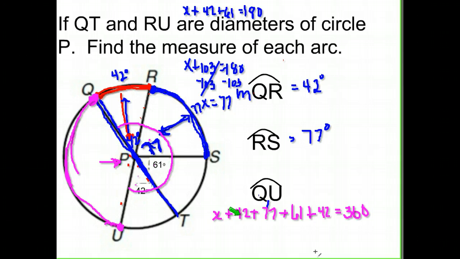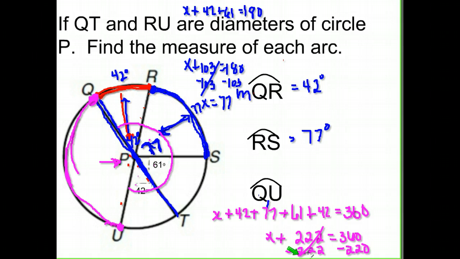Okay, so let's total the ones we know so that we know how many degrees we have covered so far. And when I add 42, 77, 61, and 42, I get 222. So far I have 222 out of the 360 degrees in a circle. I just need to find out, well then, how much is left? If I have 222, what's left over?